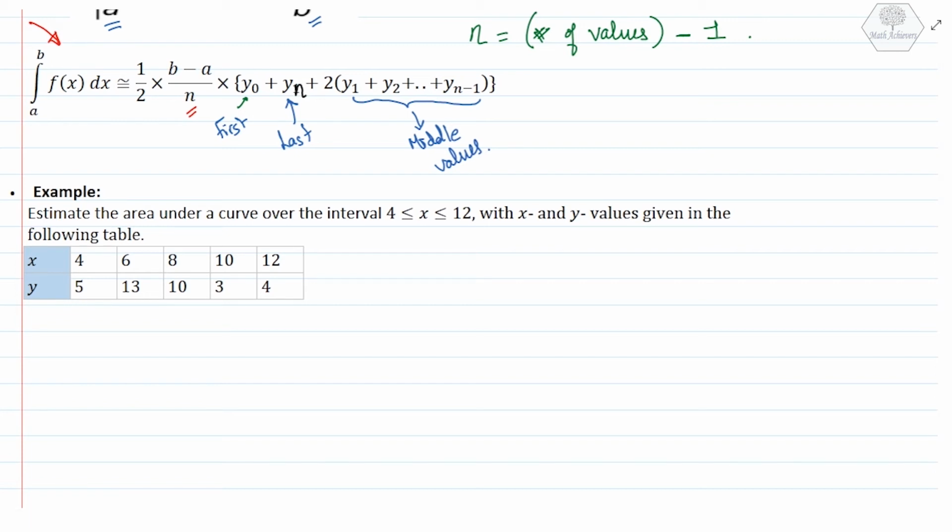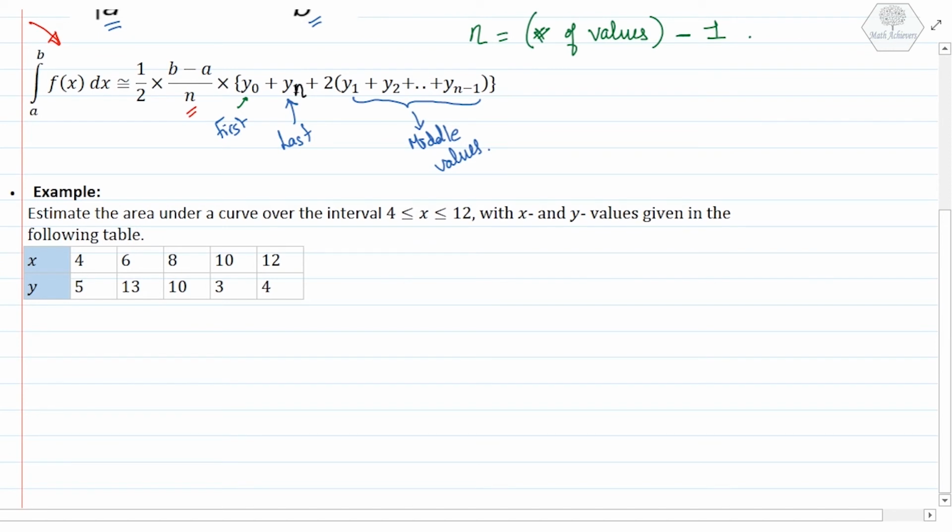So now to find the area, we need the integral from 4 to 12 of f of x dx, and this is approximately equal to half times b minus a, where b is 12, the biggest value of x, minus a, which is 4, divided by n.